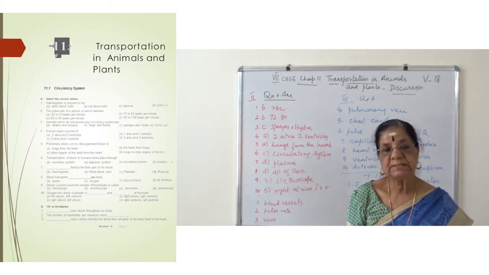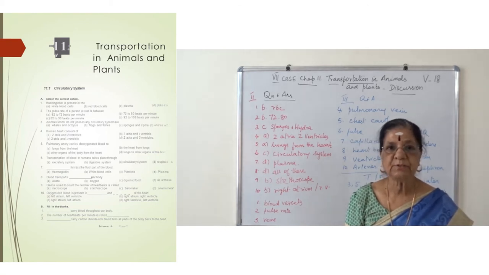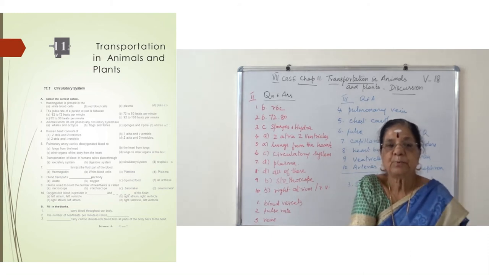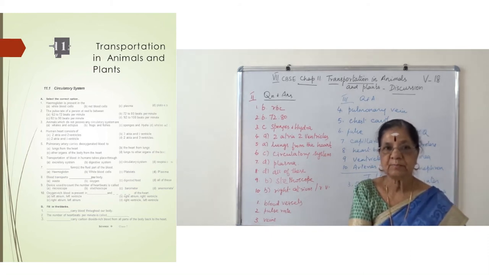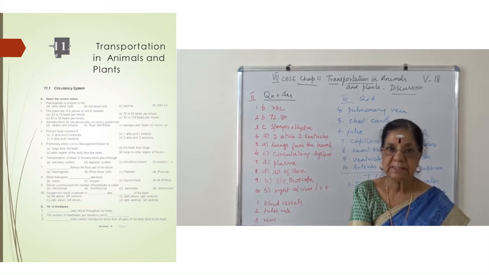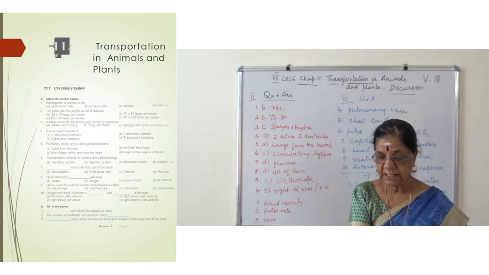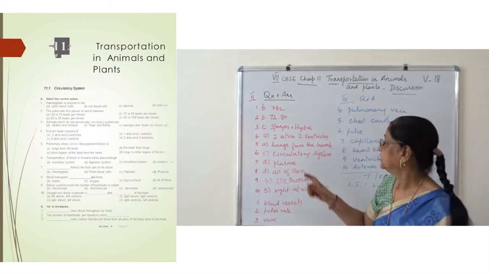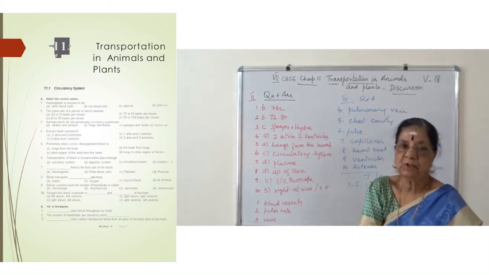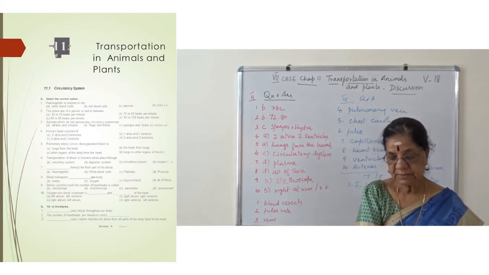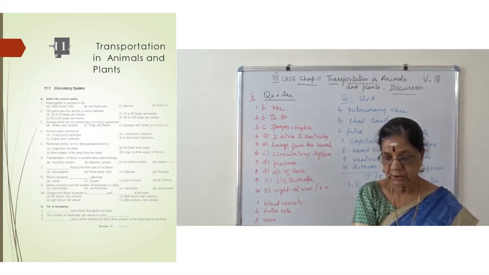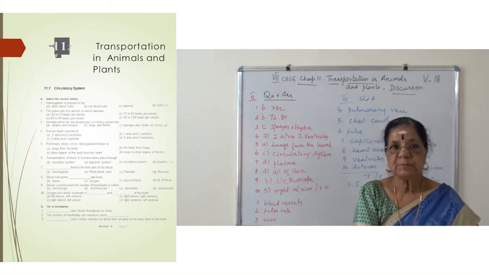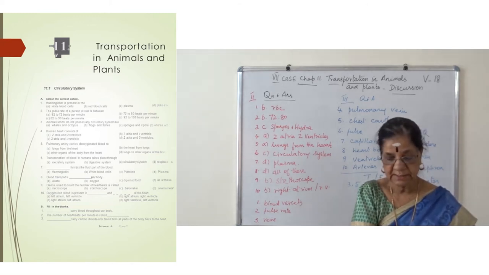Whereas sponges and hydra are the lowest primitive animals; sponges belong to phylum Porifera and hydra belongs to phylum Coelenterata. They do not have a circulatory system. So the answer is the C option, sponges and hydra.